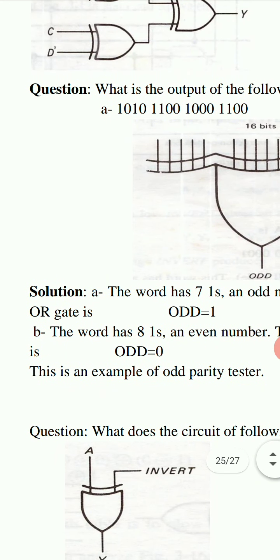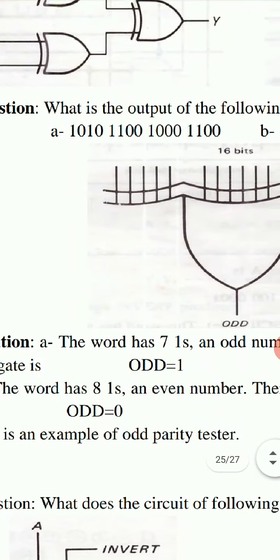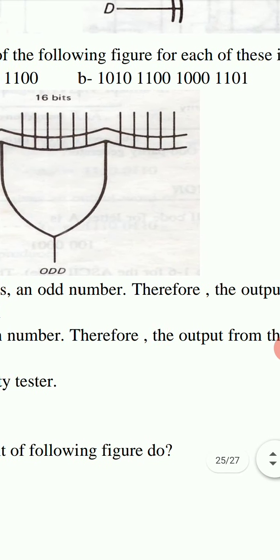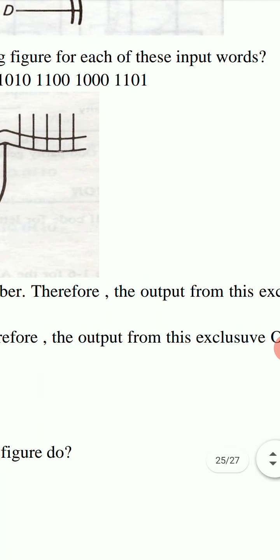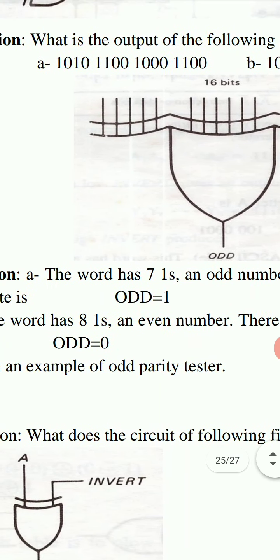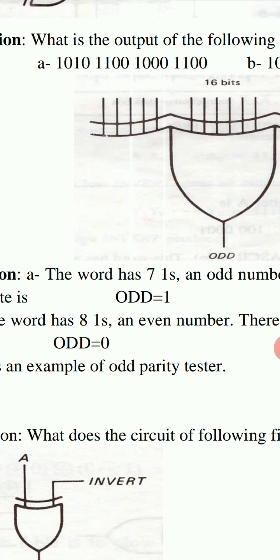Now we consider this question: what is the output of the following figure for each of these input words? There are 2 input words given having 16 bits: 1010, 1100, 1000, 1100.